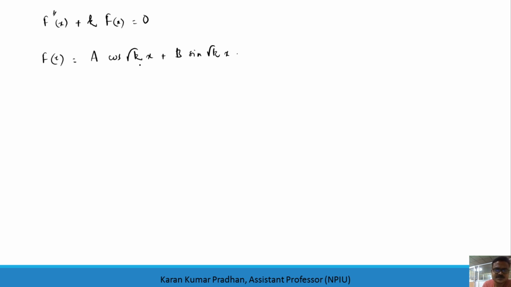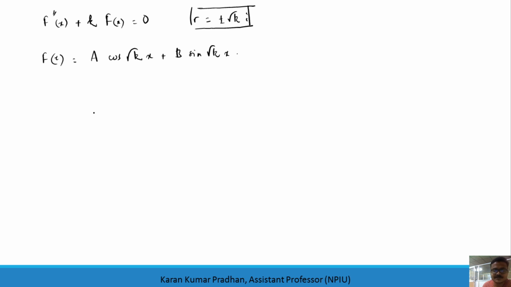The roots here, let us say we take e to the power r x as the solution, so r is plus or minus square root of k. Because you have complex conjugate roots, I can write it in this form.